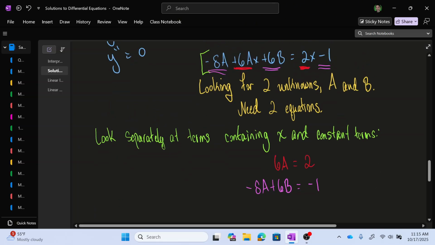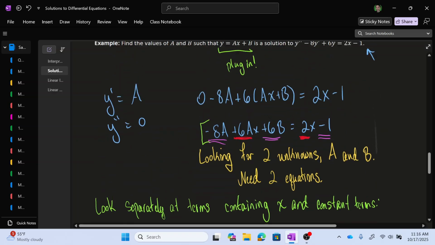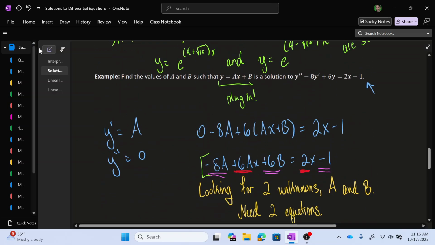So by looking separately at the coefficients of x and separately at the constant terms, I have now gotten two equations that I can solve for the two unknowns that I need to fill in my template, the two unknowns a and b here.